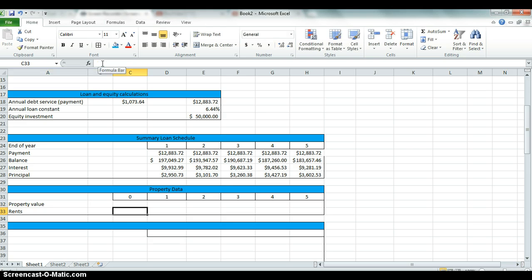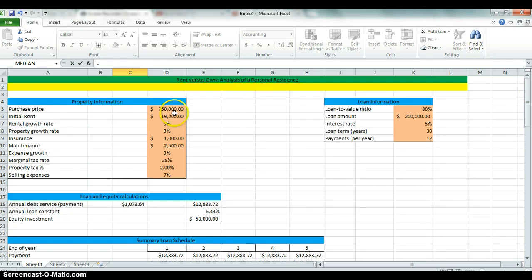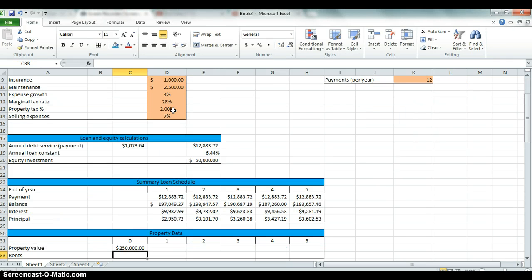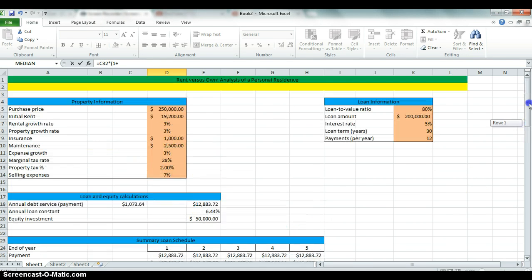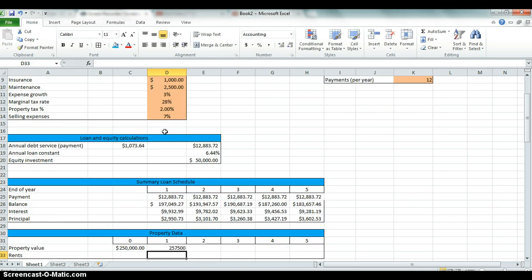So for property value, we'll have at year 0, our property value is equal to the purchase price. And then for the end of year number 1, we will have that it equals the initial property value times 1 plus the property growth rate, which is 3%. And that's what we're going to do for all the years.